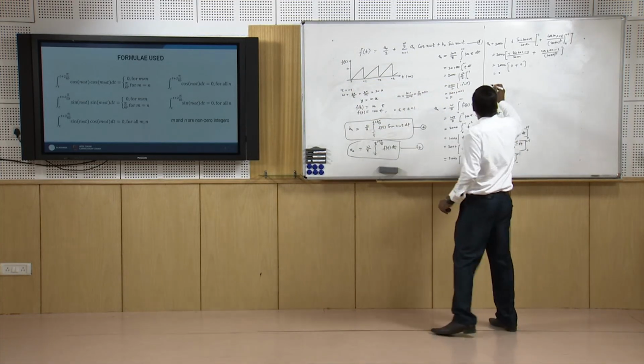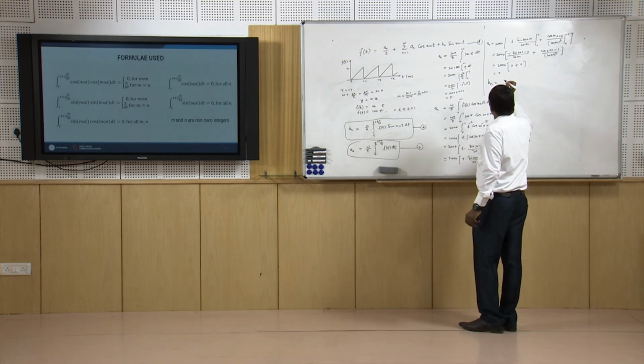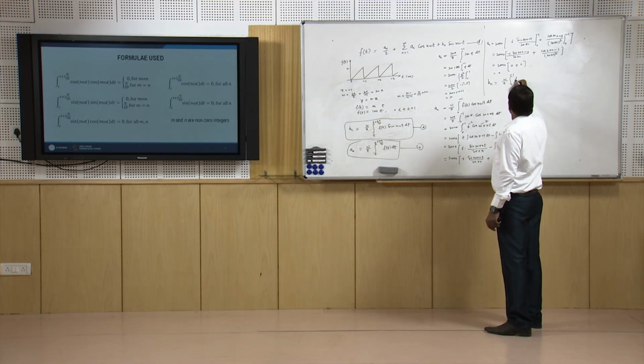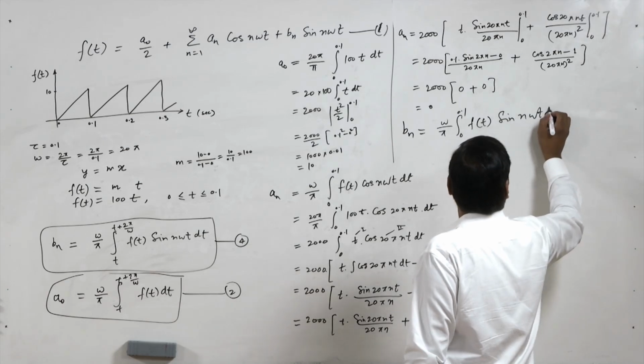Now we calculate bn similarly, so it is ω by π, integral 0 to 0.1 of f(t) sin nωt dt.